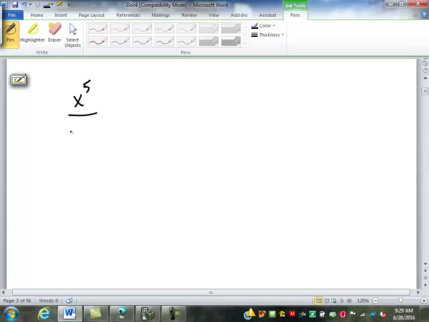So let's say I have x to the fifth over 8y divided by 16x squared over 5y squared.